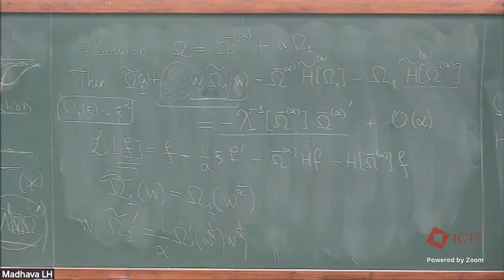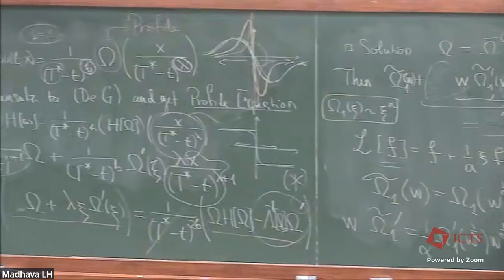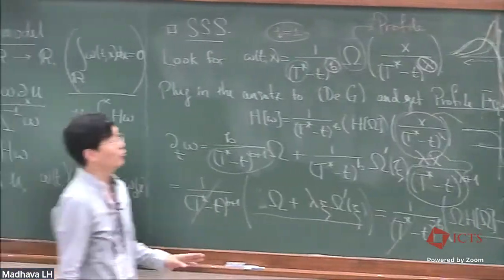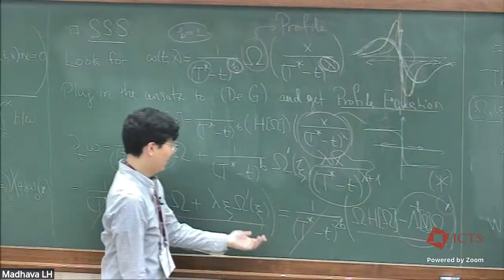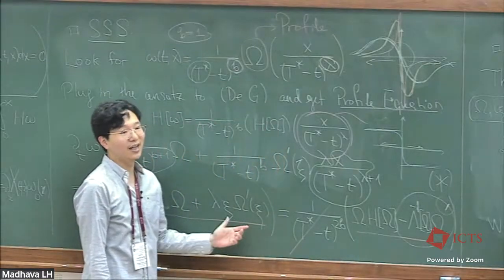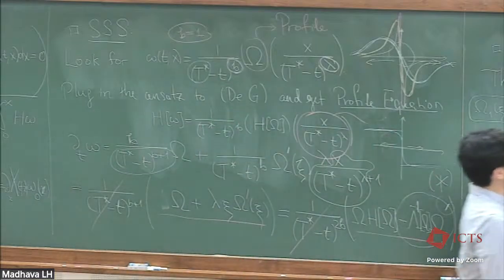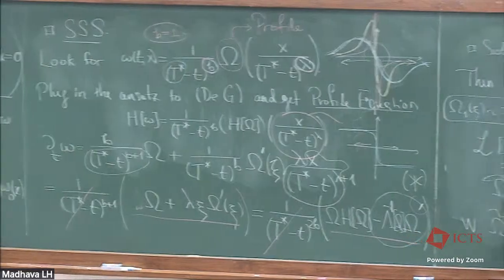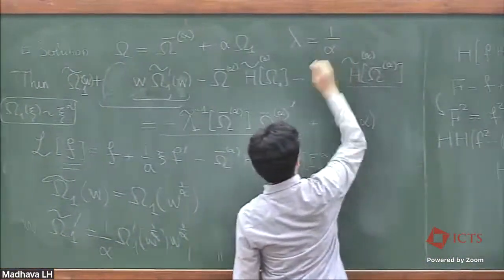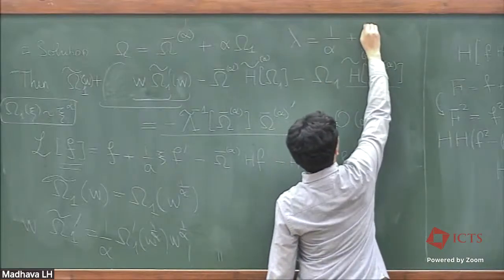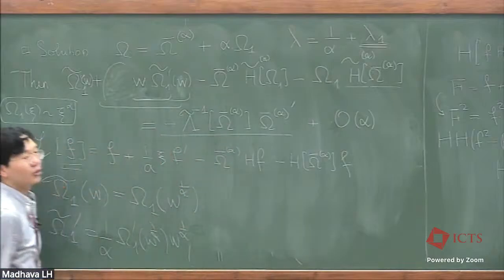If you insist on having the same lambda, there's simply no solution. But there is no reason why lambda has to be exactly 1 over alpha for the Gregorian, and it's not. So what does it mean? We are looking for solutions not exactly 1 over alpha, but with some perturbation, which is order 1.